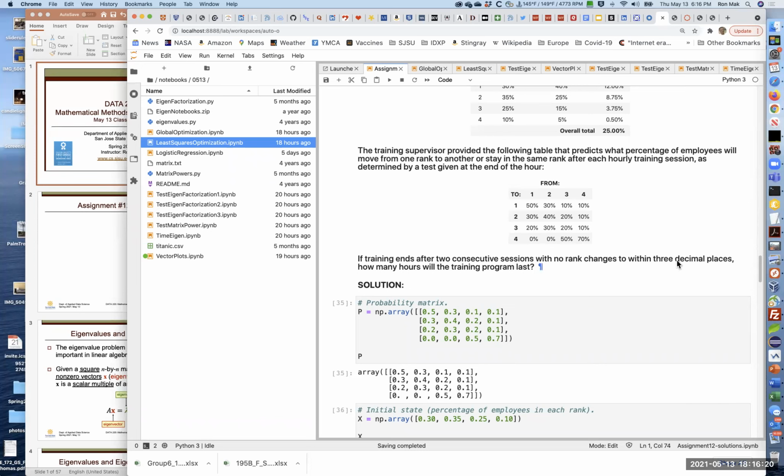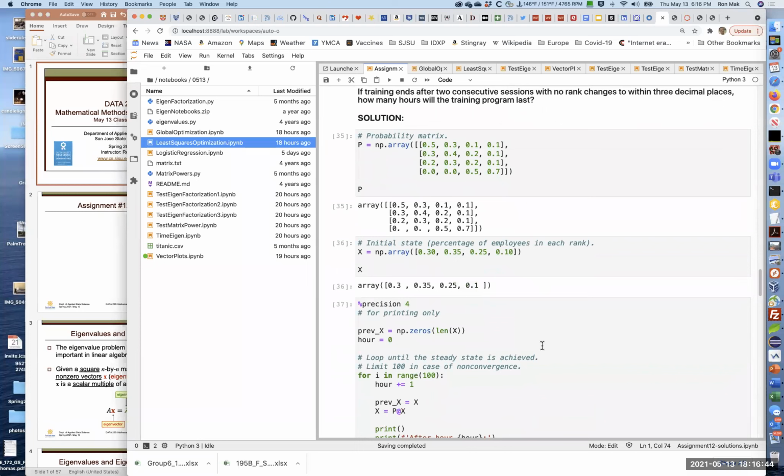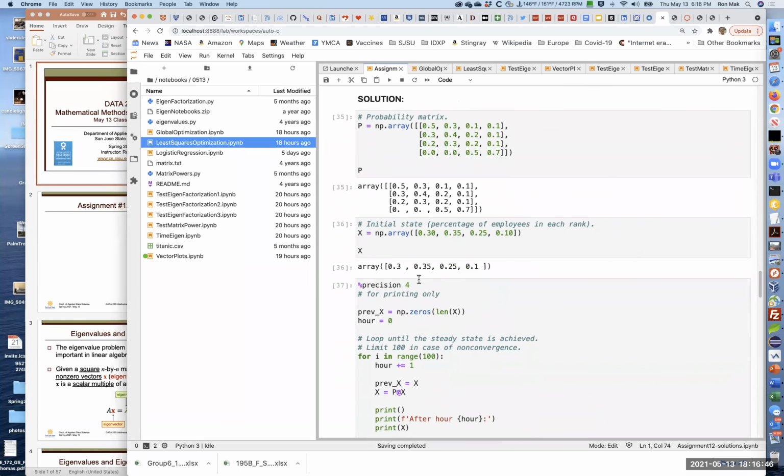You could go many more hours if you insisted that the changes not occur in many, many decimal places, but we're going to cut it off after 3 decimal places. Here are the initial percentages, and I just calculated the P matrix. For printing purposes only, I'm going to print out 4 decimal places. This does not affect computation, by the way. It's only for printing.